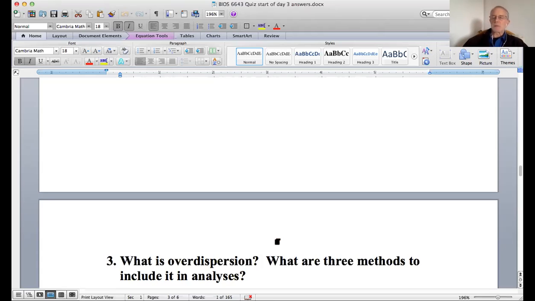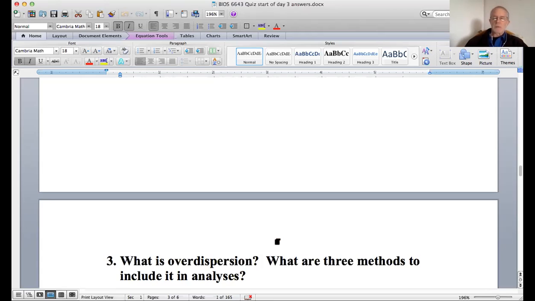Overdispersion means the variability is greater than you'd expect from a Poisson. If you take the mean and the variance of your data and they're different, that says you've got overdispersion or underdispersion.